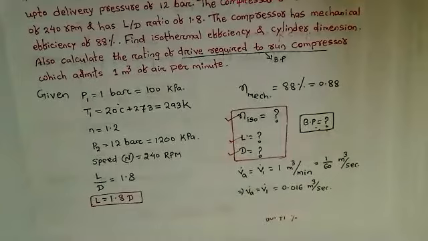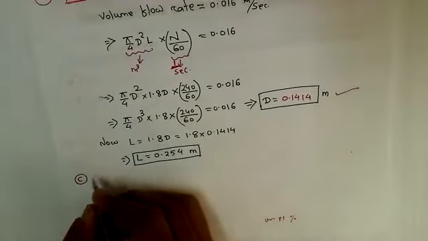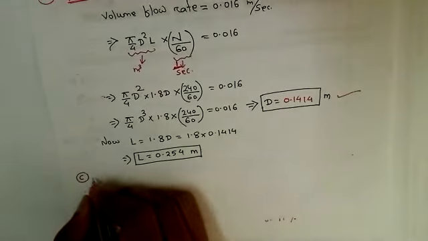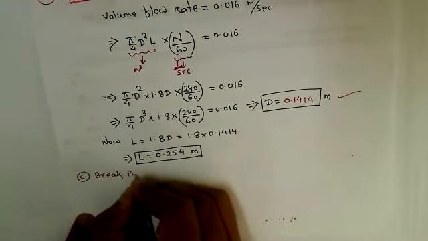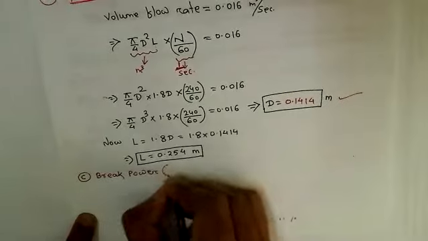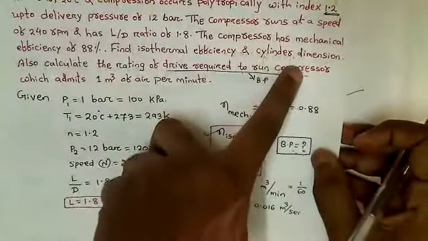So that is the last point, and after that we will close the class. The last point is to calculate the brake power, or the power required to run the compressor.